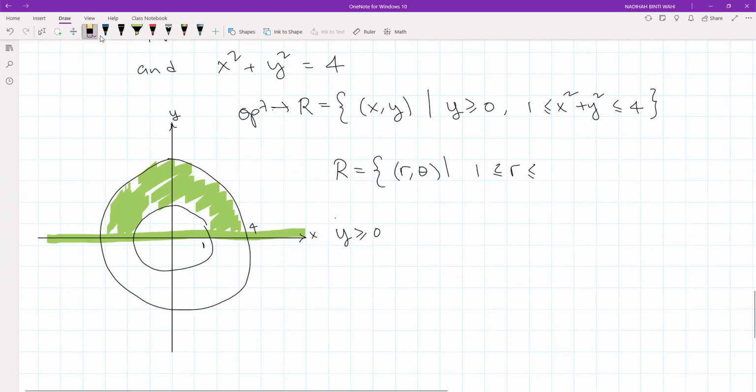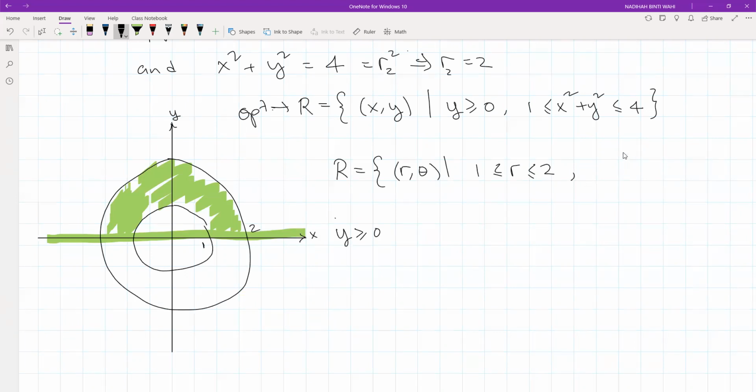Saya silap kat sini dah. So this is my mistake. Okay, so this should be 2. Sebab apa? Sebab this is equals to R squared. So therefore R equals to 2. Okay, so this between 1 and 2.